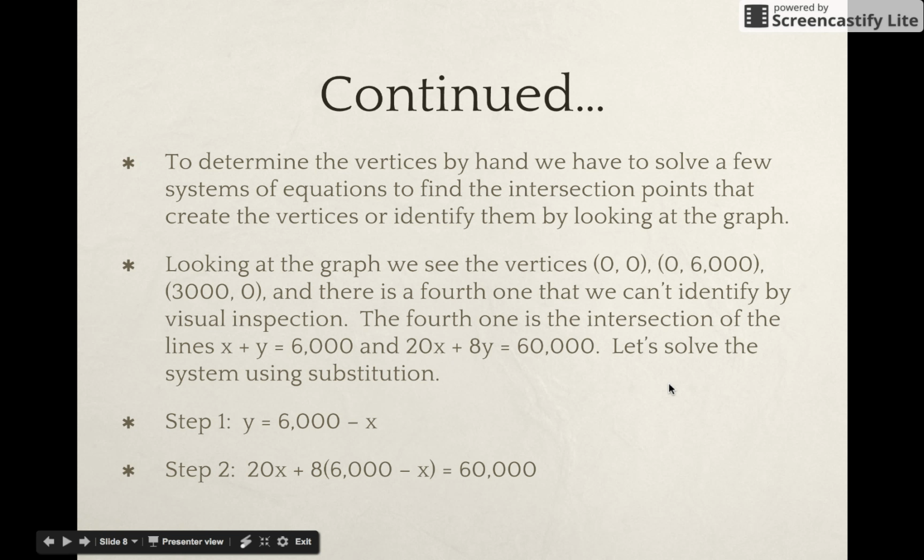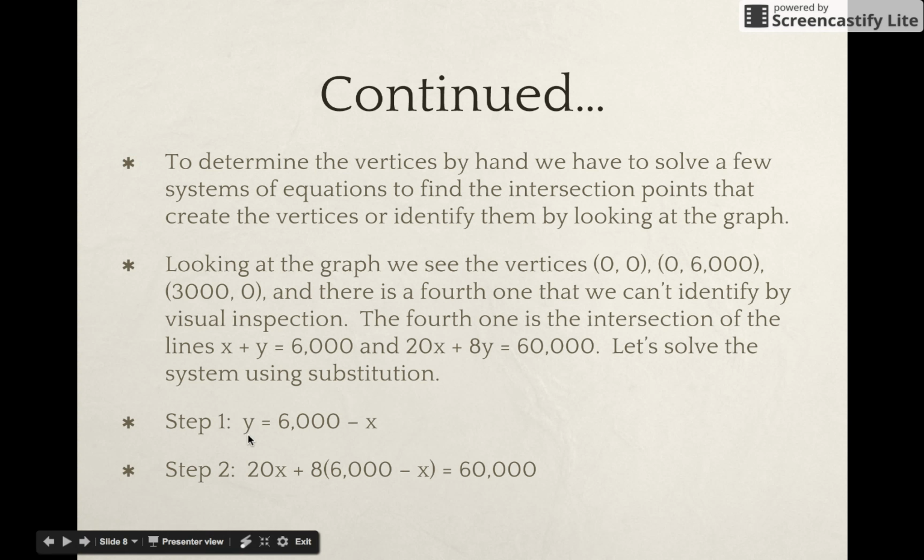We're thinking of them as equations now because we want to find where the two lines cross, where those two equations have common solutions. We can solve this system of linear equations either by graphing or using the method of substitution. In this case, we'll use the method of substitution.